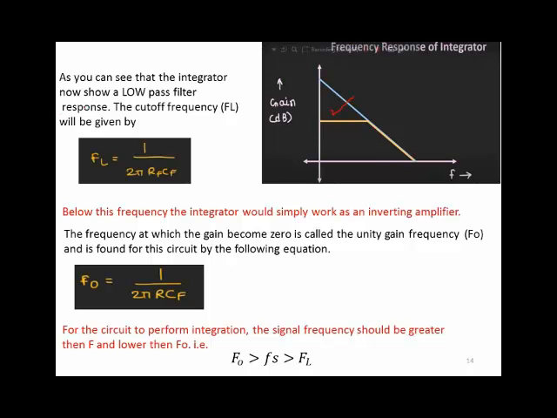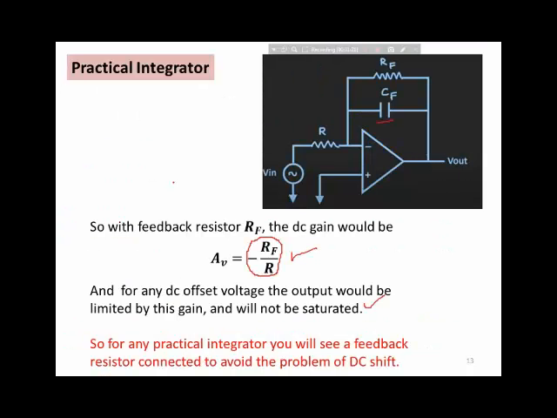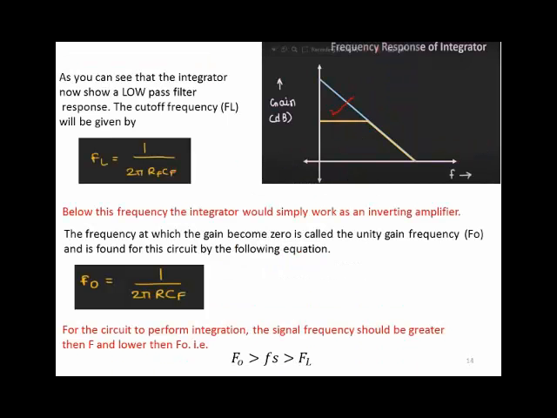So as you can see, the integrator now shows a low pass filter response whose cutoff frequency FL is given by this relationship, which is 1 over 2 pi RF into CF, where RF and CF are these two components. So this is the cutoff frequency FL at which the response starts decreasing from its maximum value at DC.